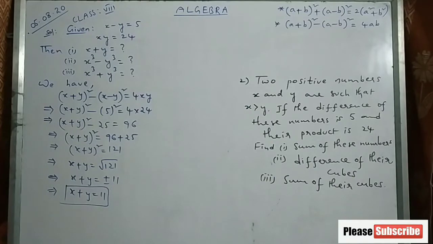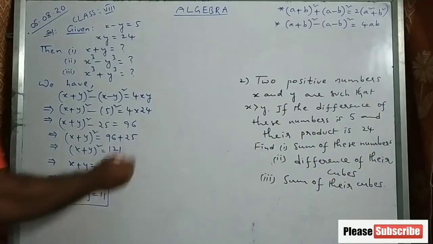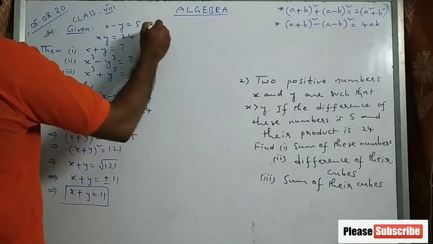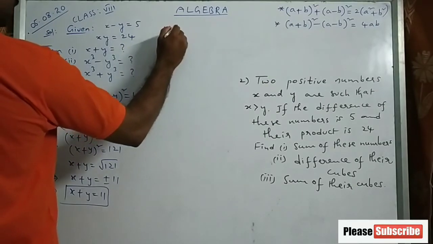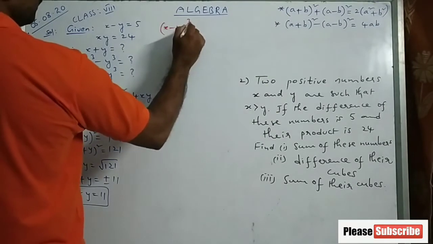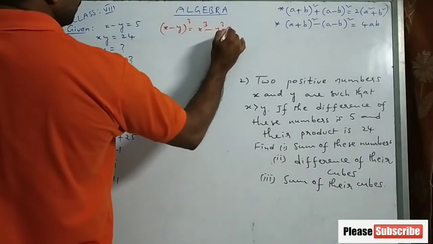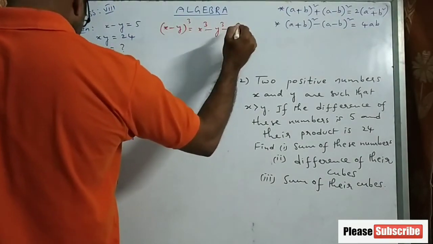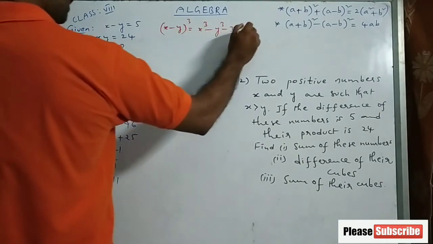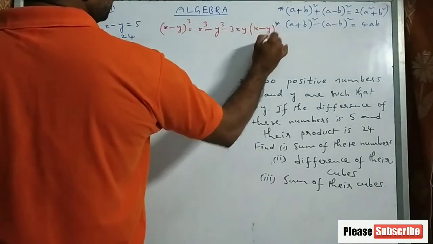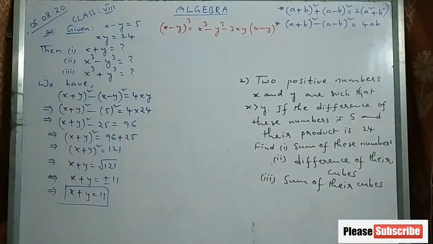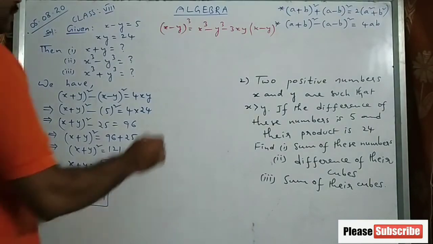Second one, the difference of their cubes. For that I'll use a minus b whole cube: a cube minus b cube minus 3ab of a minus b.